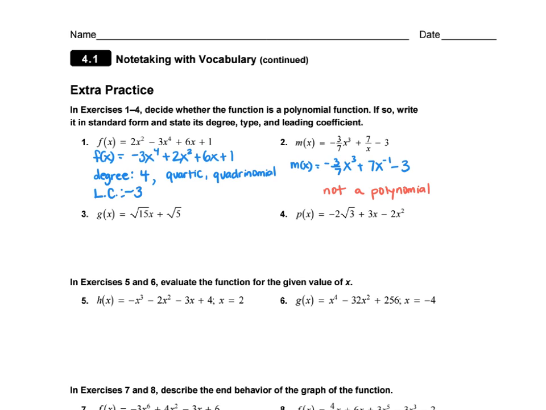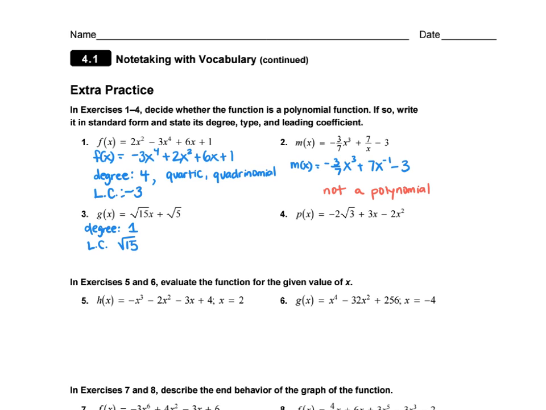All right, number 3. There's only one variable. It's right here, x, and it's x to the first power. That's a positive exponent. Therefore, this is a polynomial. Okay, it is already in standard form, so I don't have to rewrite it. The degree is 1. Okay, the leading coefficient is square root of 15.